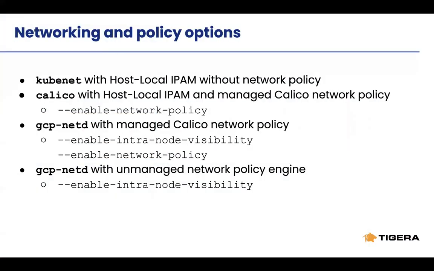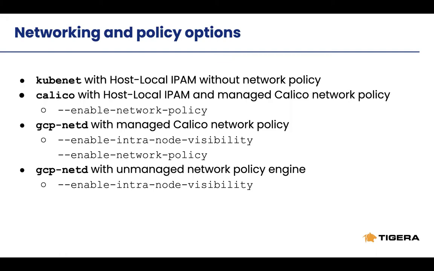GKE has several options when you create a cluster, which determines how your CNI is configured and whether network policy is going to be used. The default option is kubenet, which uses host local IPAM without network policy.